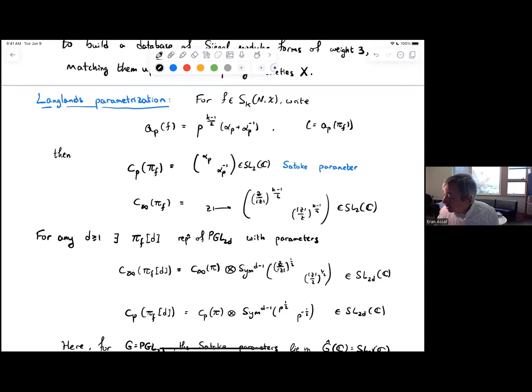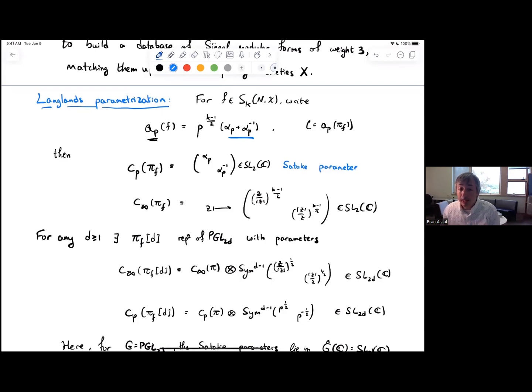So for example, if we had a classical modular form, then we could write the eigenvalues of its Hecke operator after normalization as the sum of some element and its inverse, some alpha p.